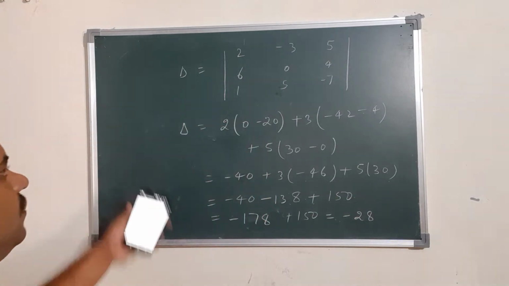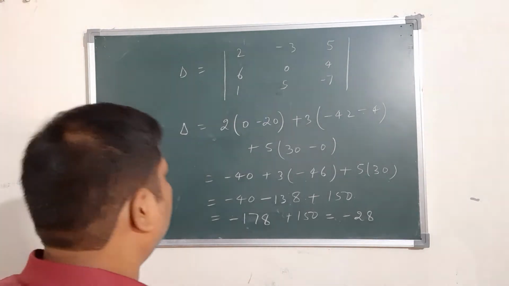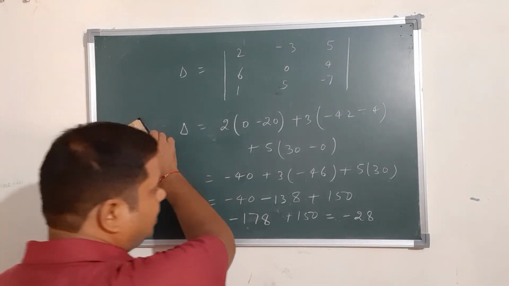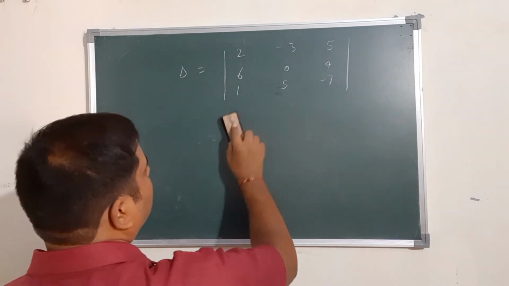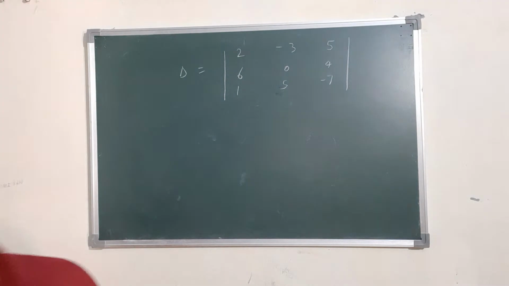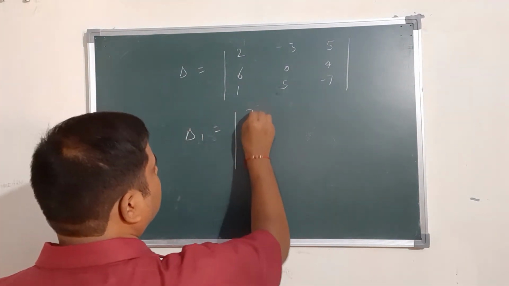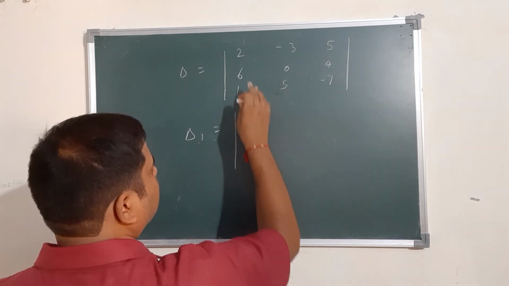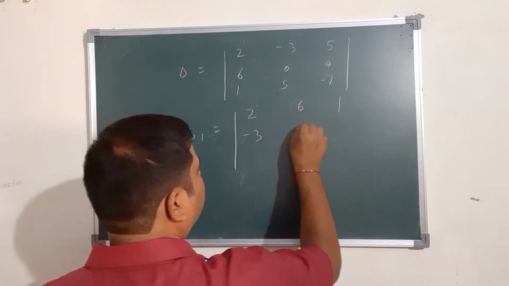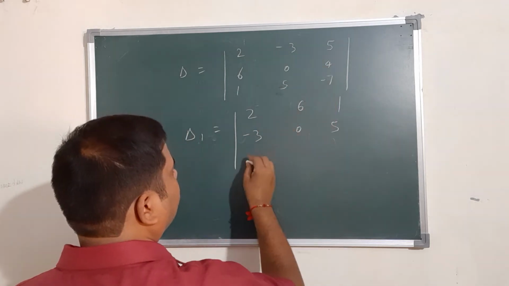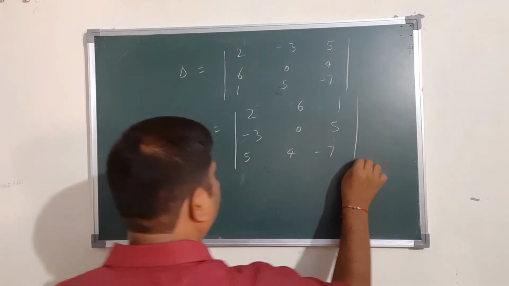Now we are just going to interchange the rows and columns and then expand this particular determinant, then see what will happen here. So we consider a determinant delta 1 such as 2, 6, 1, minus 3, 0, 5 and 5, 4, minus 7, and we expand it.